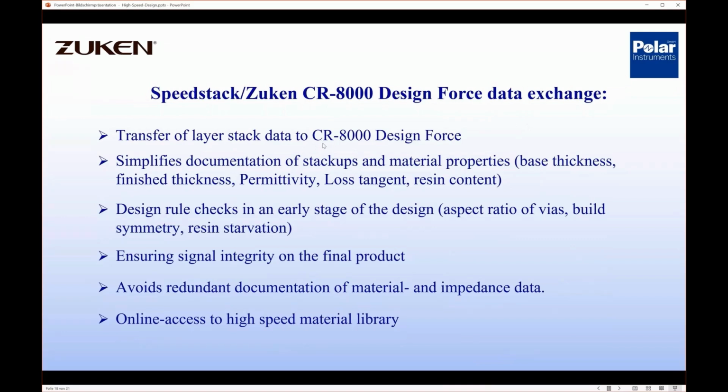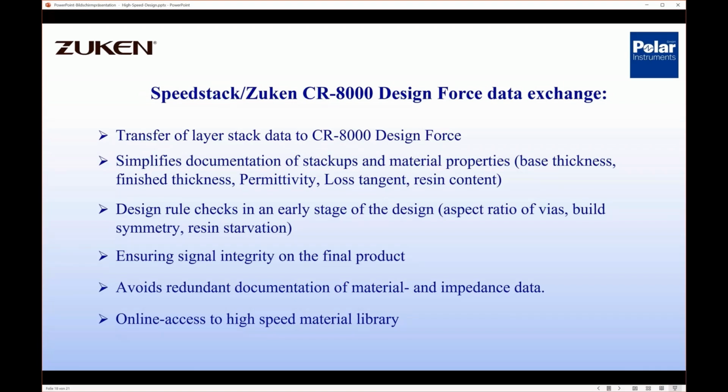It simplifies the documentation of stackups and material properties, namely base thickness, finish thickness, the permittivity, the loss tangent, and also the resin content. Design rule checks are put in place in an early stage of the design, taking into account the aspect ratio of vias, the build symmetry, and resin starvation.